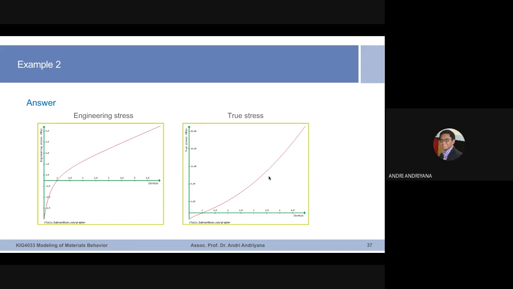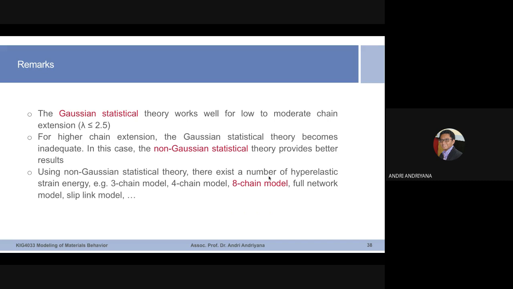All right, so I have a few slides to finish before we stop and then continue with the phenomenological approach next week. Some remarks on the things that we have discussed so far. The neo-Hookean model that we have developed before is based on Gaussian statistical theory, as I mentioned.